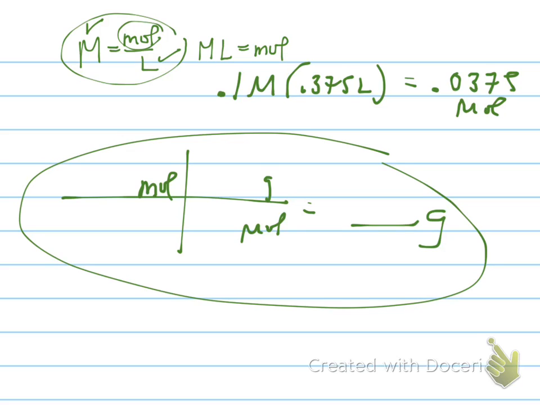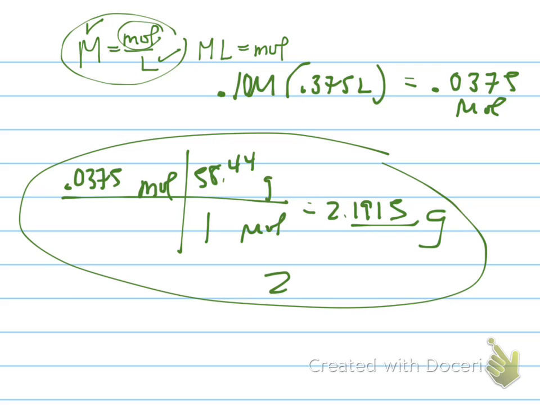Okay, so now we can put that in here, 0.0375 moles. We know that 1 mole of sodium chloride has a mass of 58.44 grams. So we end up with 2.1915 grams. We have 2 sig figs because of our molarity. I didn't put the 0 in there, but in the problem there was a 0.